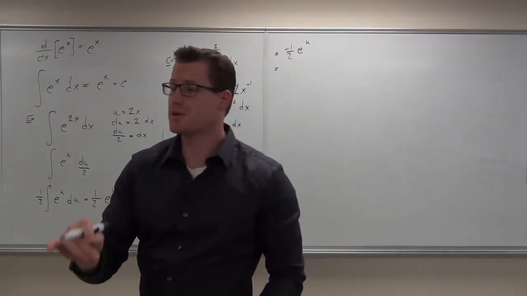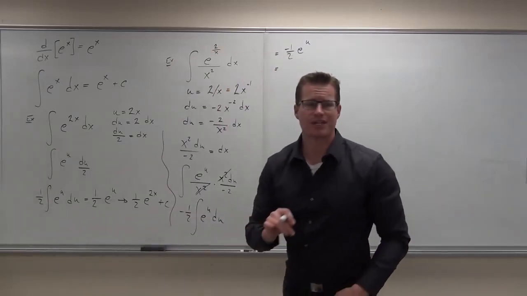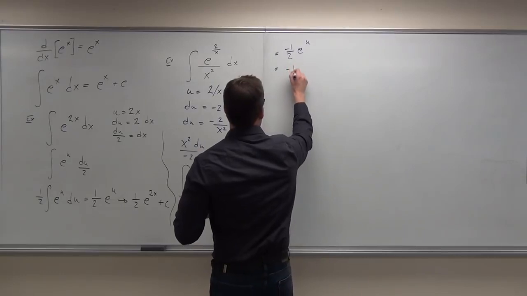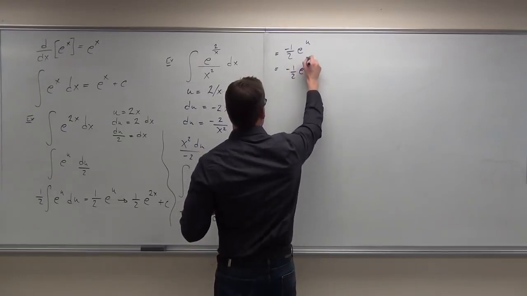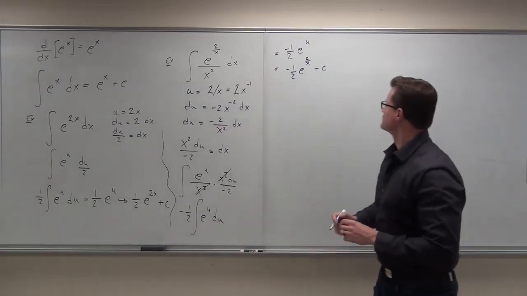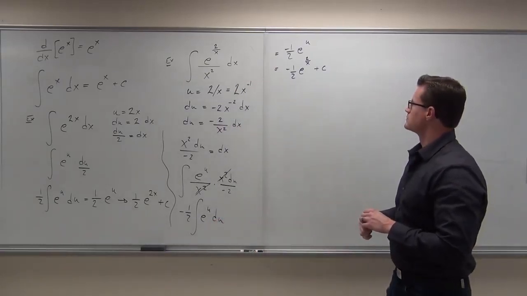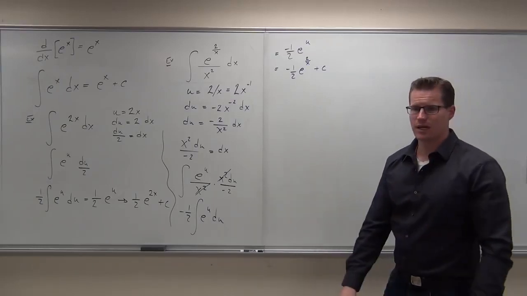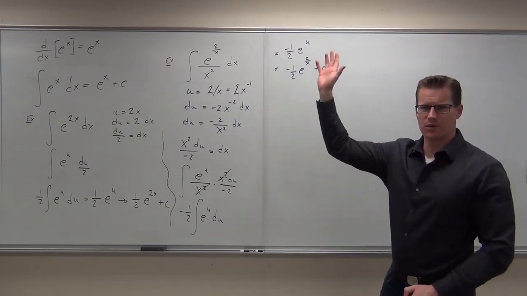I'm going to re-substitute in for that u. So how much is our u? 2 over x. So we have negative 1/2 e to the 2 over x plus c. That's the whole idea. Show of hands, feel okay with the whole idea.